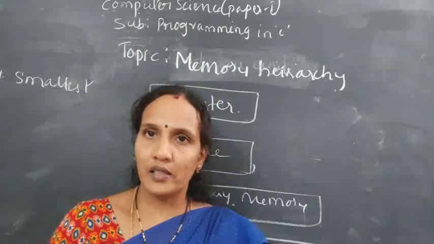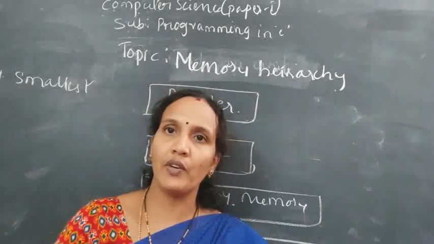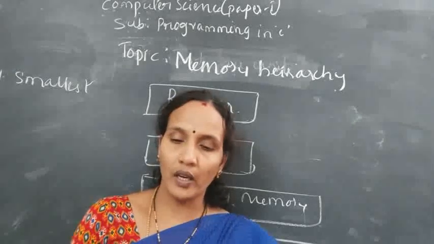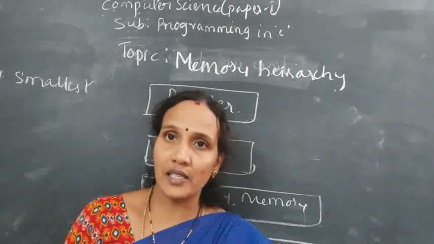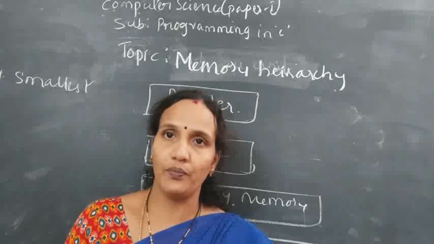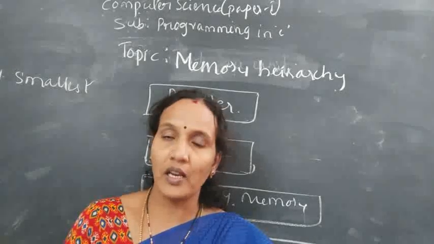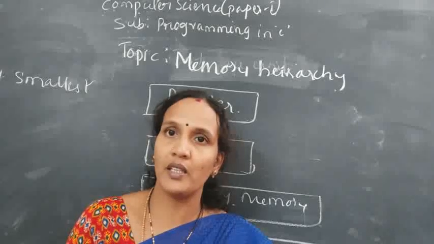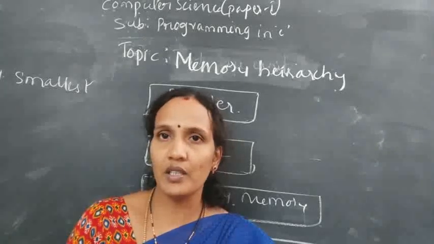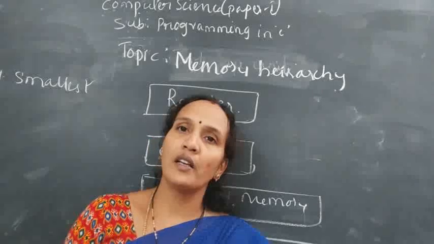Okay, in the same way, in the system also we have different storage units. Registers are very close to the CPU. They contain the current instructions and the current data needed by the CPU. That information is stored inside the registers.